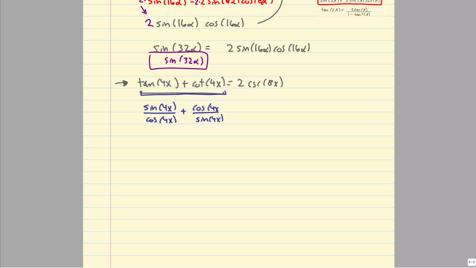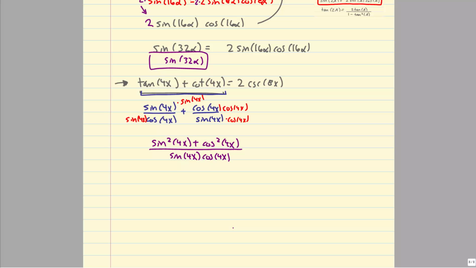Next from there we could find a common denominator. Basically I need to multiply this by the sine of 4x top and bottom, and on this side it would be times the cosine of 4x. Simplifying from there, I'd have sine squared of 4x plus cosine squared of 4x all over sine of 4x, cosine of 4x.